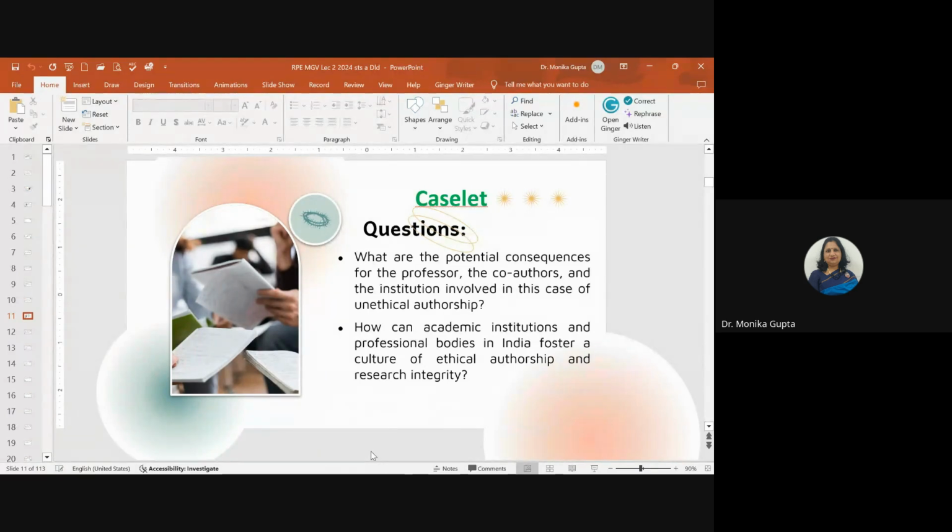So, implement clear and comprehensive authorship guidelines, provide mandatory research ethics and authorship training for faculty, students, and staff, establish robust mechanisms for reporting and investigating cases of misconduct, then promote open communication and collaboration among researchers, then enforce strict penalties for violations of research integrity, and foster a culture of transparency and accountability.